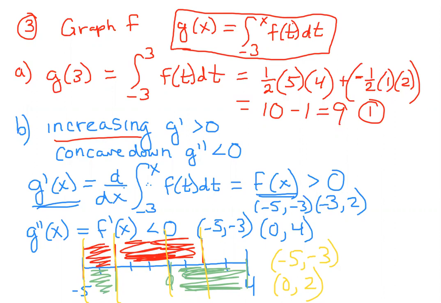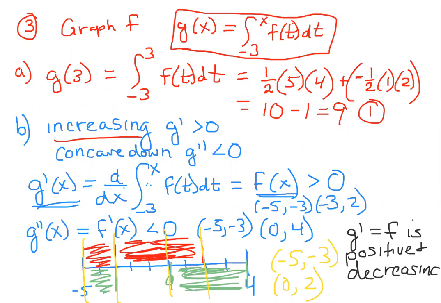You would say something like, this is where it is both increasing and concave down because g prime equals f is positive and decreasing, or something like that. There are a lot of ways you could write your reasons, but that's just one way.